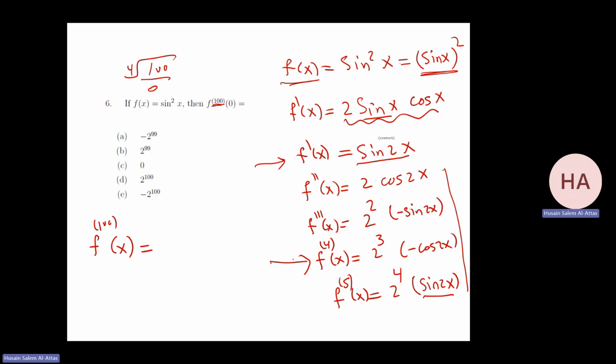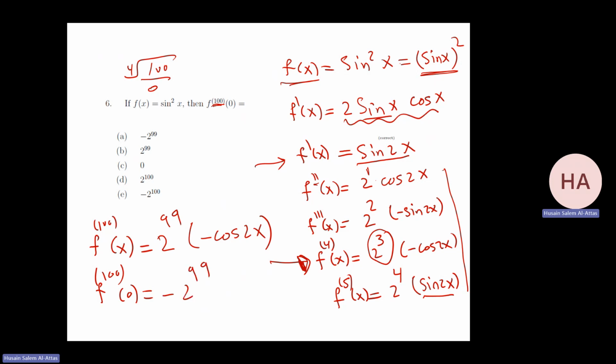So 100 is like the fourth one, but I need to think about the power. The second is 2 to the power 1, the third is 2 to the power 2. So there is one less. So this will be 2 to the power 99 times the function, which is minus cosine 2x. Now substitute. You want it at 0. Cosine 0 is 1, so that will be minus 2 to the power 99.